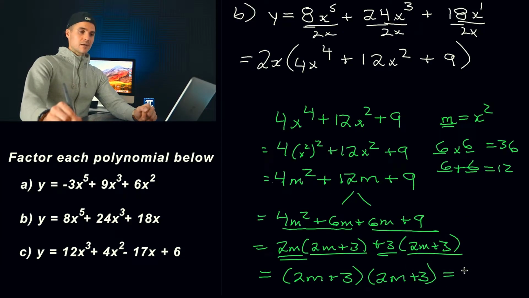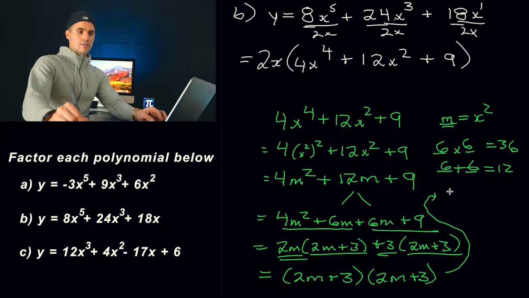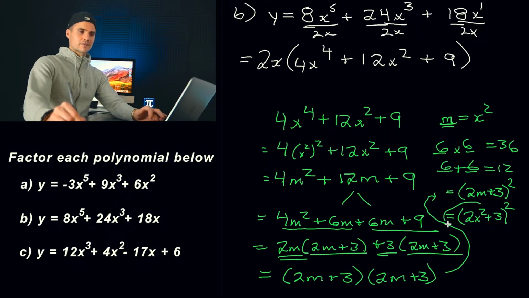So it ends up being, let's actually write it above here, 2m plus 3 squared, but we can't just leave our final answer in terms of m because our original polynomial was in terms of x. So I would bring in this x squared now for this m, and it would be 2x squared plus 3 squared, like that.